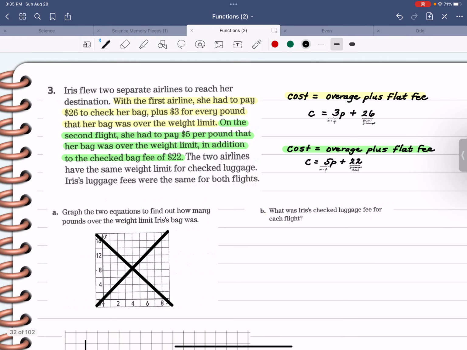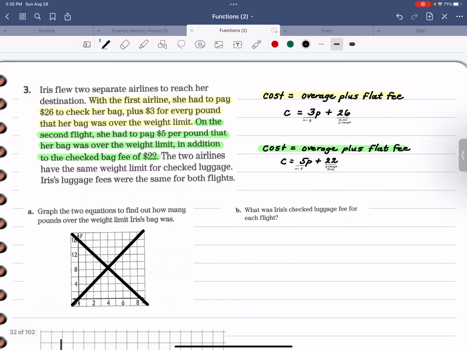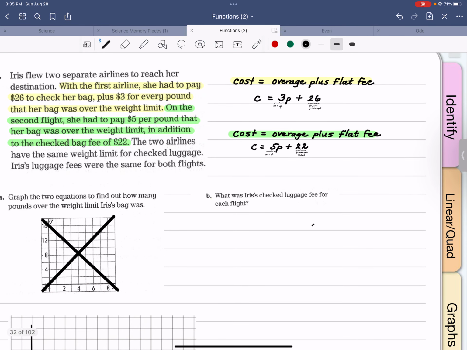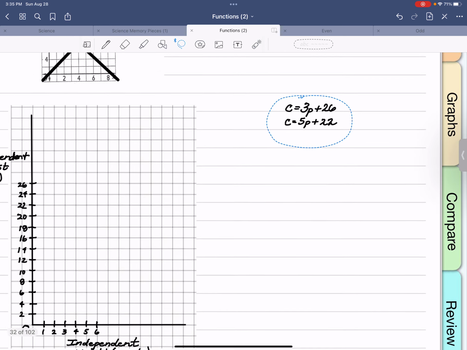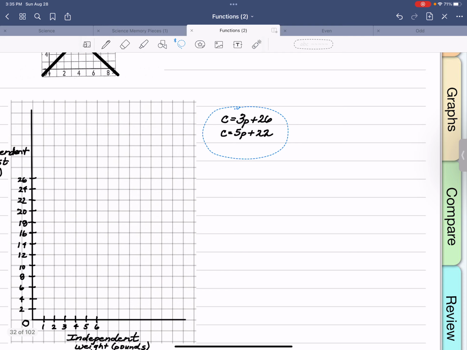So, let me bring these two equations back down here. We have C equals 3P plus 26. And then we have C equals 5P plus 22. I had to be able to see them to write them.